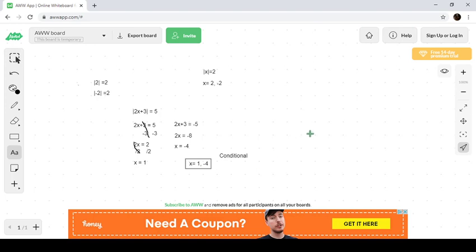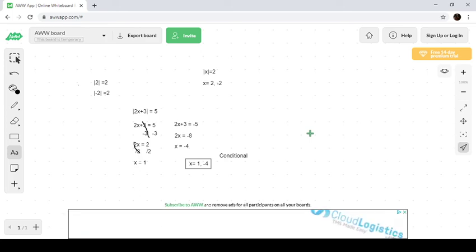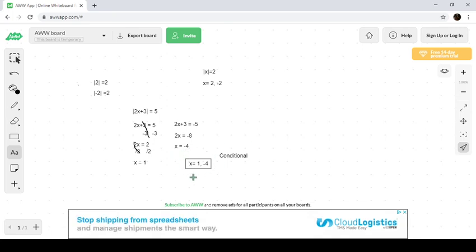That's fine. We can have 1, 2, 3, 4, 5, 6, 7, 8, 9, 10, however many conditions, and it'll still be a conditional equation. The difference between this and an identity equation, though, is that an identity has an infinite amount of answers, infinite amount of numbers you could plug in for that variable and get this thing to work. Conditional, there's a finite amount of conditions, finite amount of answers.